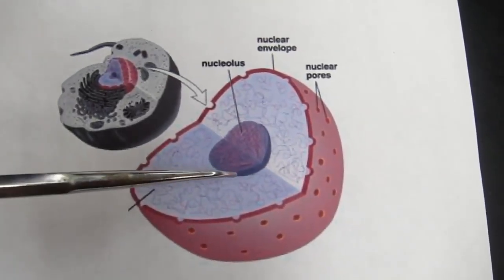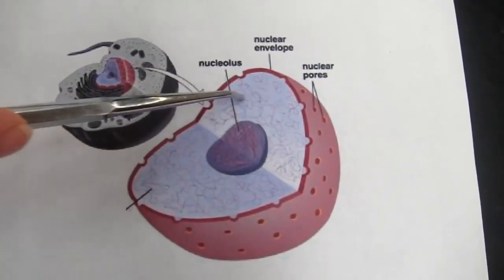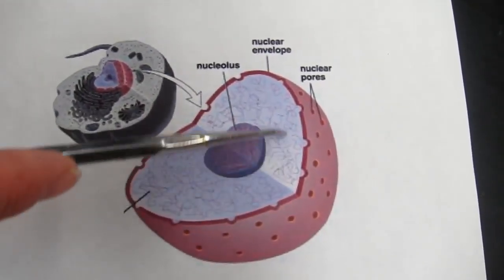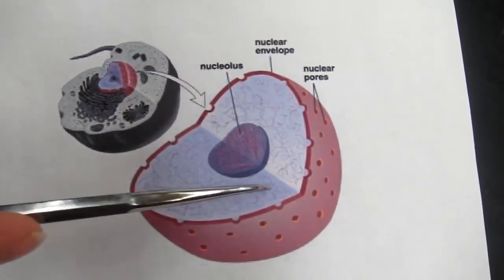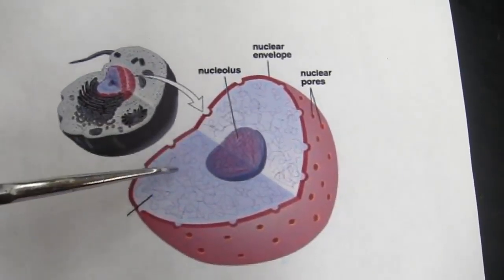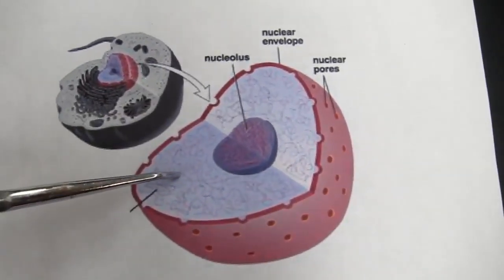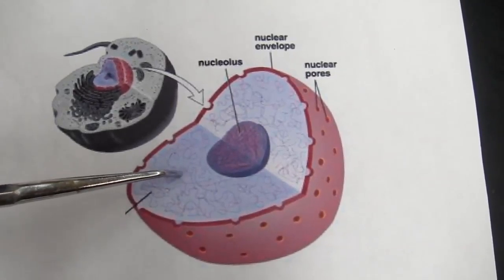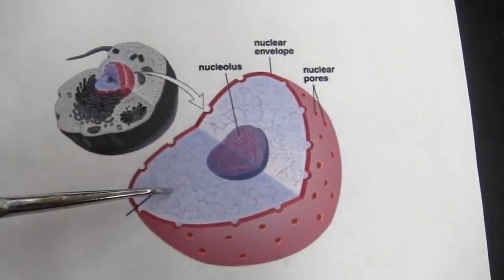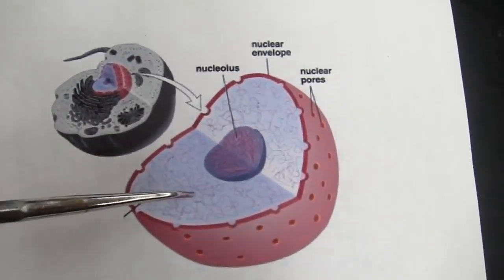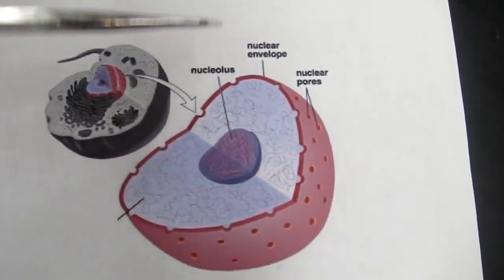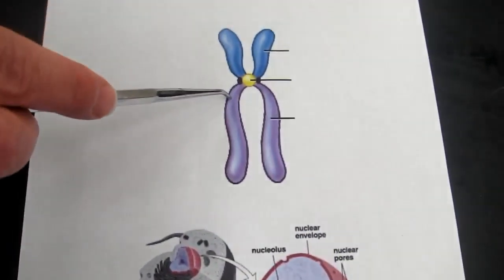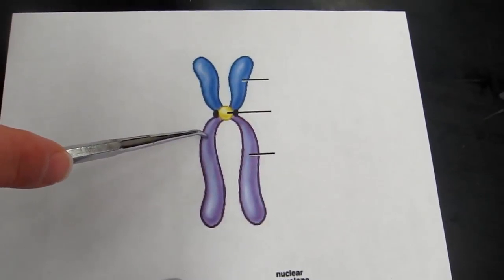You can imagine that it would be easy to get at the information here because it's all loose and unwound, but it would be really hard to divide it equally if it was in this form. So when it's time for division to occur, the chromatin has to convert into this form, which is chromosomes.